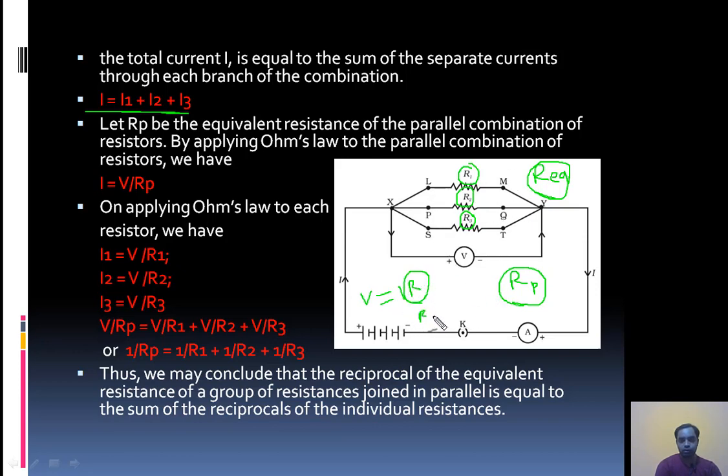So R will be equal to V divided by I. One thing you should keep in mind is that the voltage for all these three resistors will be the same, because we are measuring voltage between point X and point Y. Here the current is different: I1 flows here, I2 here, I3 here, but the voltage remains constant.